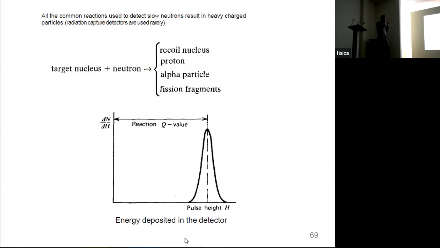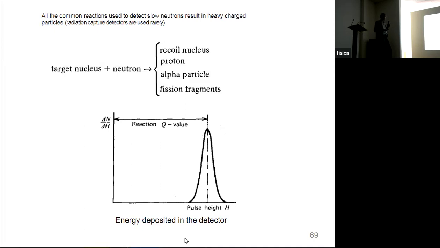In my previous lectures, I showed you some reactions showing how neutrons interact with matter, and some of these reactions can be exploited in order to detect neutrons. As you remember, we differentiate between thermal neutrons, slow neutrons, and fast neutrons.